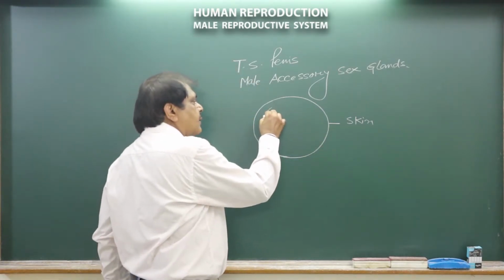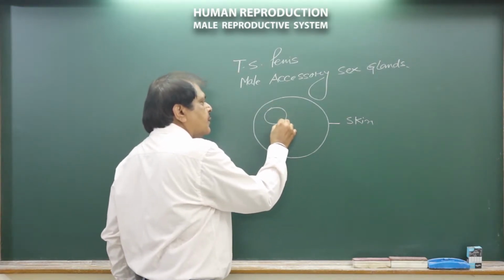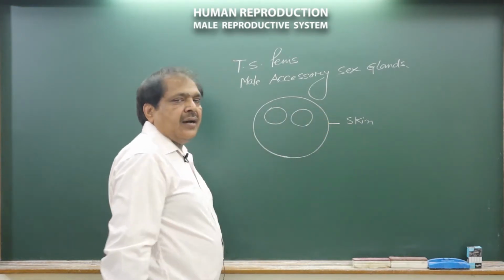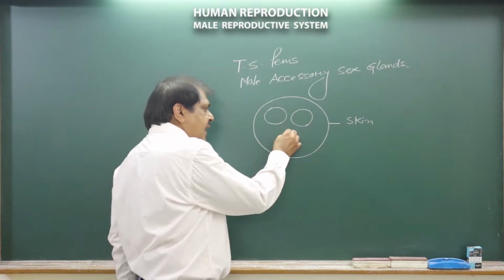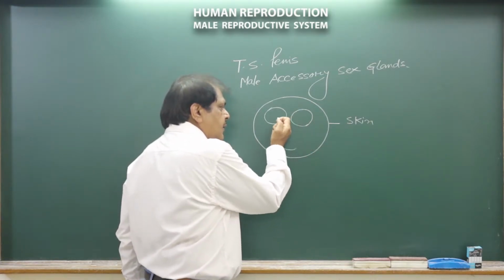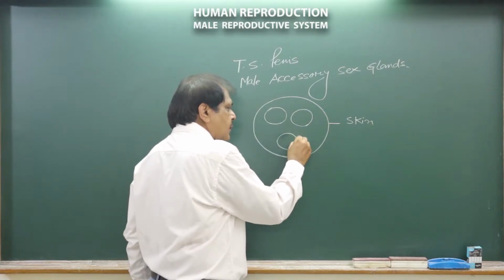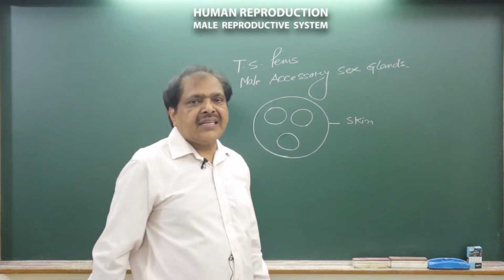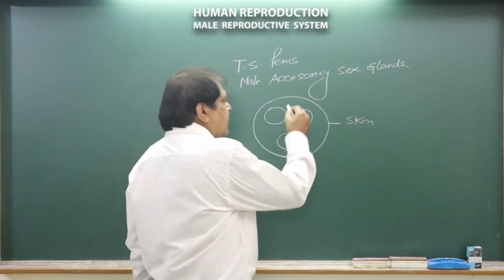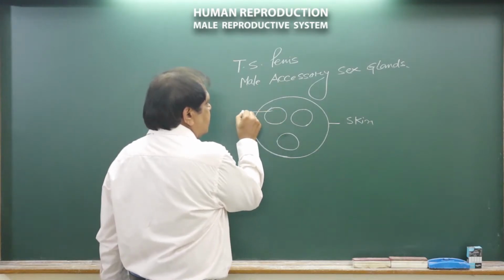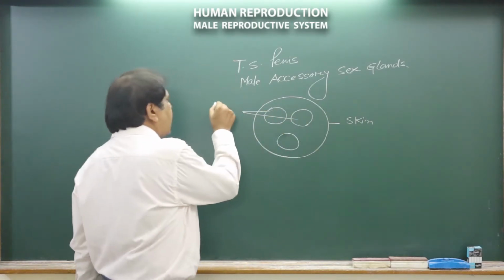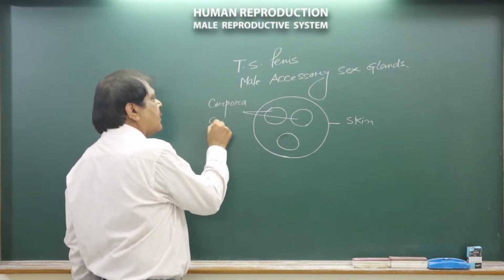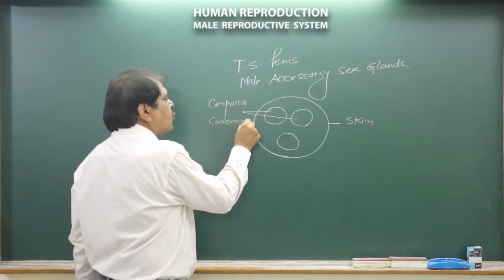These are the corpora cavernosa, and this is the corpus spongiosum, because it is single, that's why we call it corpus spongiosum. This is corpora cavernosa.